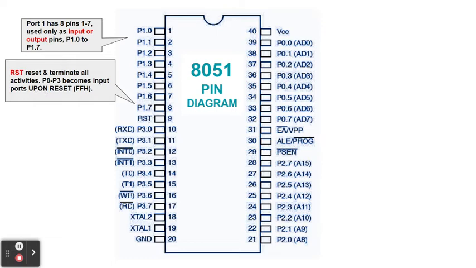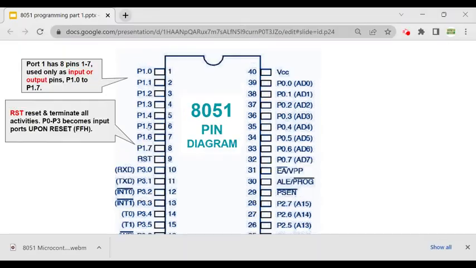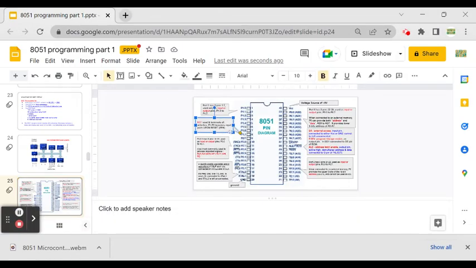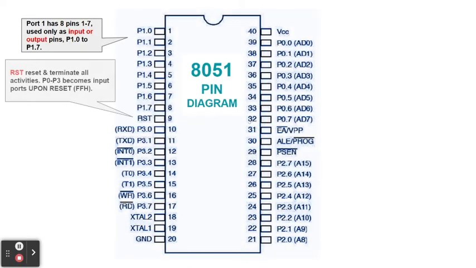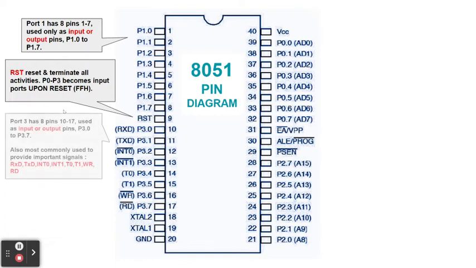So when you reset it, the pointer must be pointing on reset here, RST. Let's just correct this one for a while. When you reset it, port 0 to port 3 will become input ports.